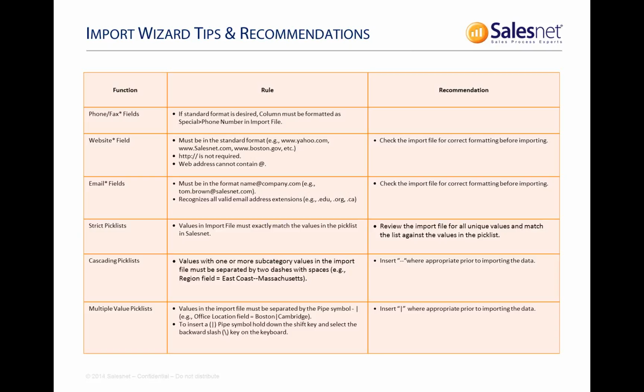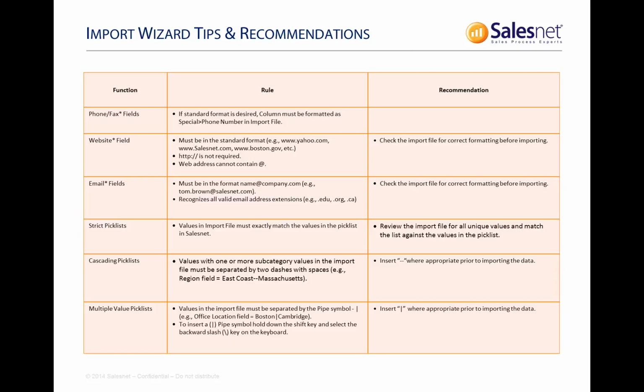If we want to import into special fields like multi-value pick lists, okay, and that's where you can select more than one value in a drop-down, you would separate those values with a pipe. Okay, so if we had a multi-select list for industry, let's say a company serviced multiple industries, then we might put manufacturing, pipe, construction, pipe, government.